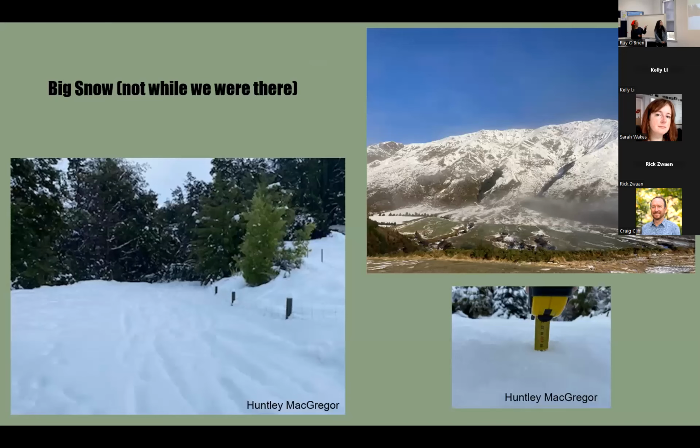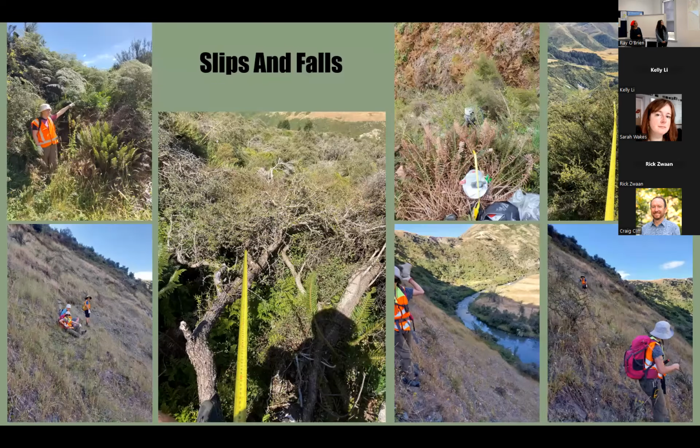So this is some context for the next photos. There was a big snow last winter. You can't really see the tape measure, but it says 400 millimeters. I think it sat there for a while, and then it caused things like slips and falls.